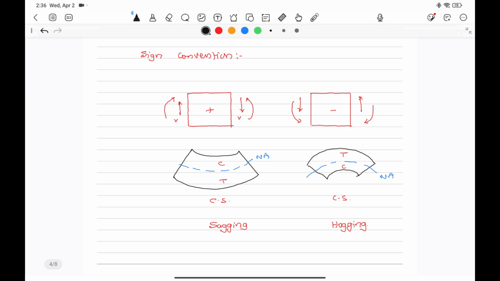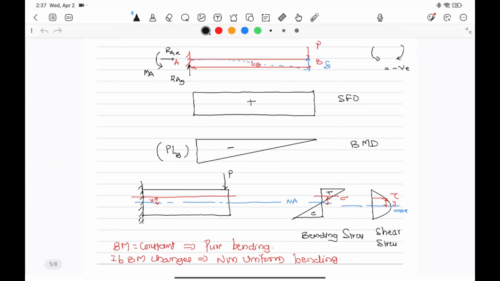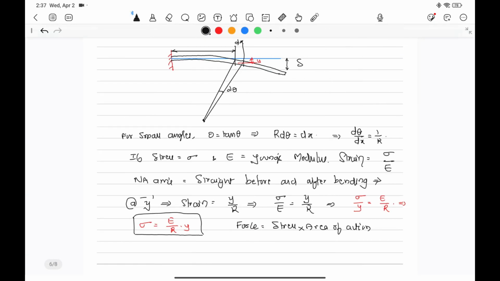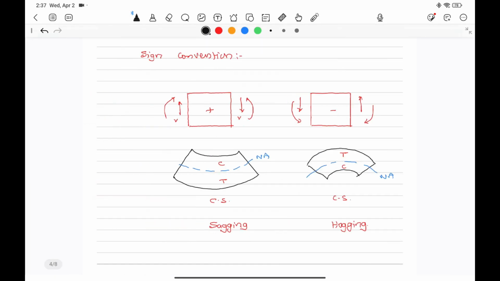Torsion is nothing but twisting. If a beam is twisted, what happens? Some fibers of the beam try to get relocated.